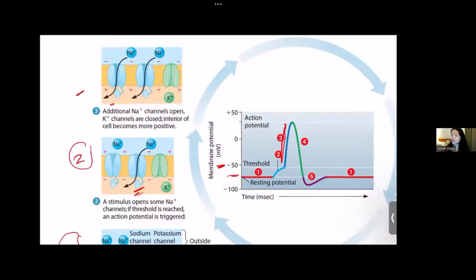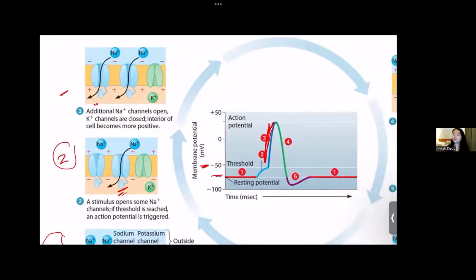All right, ito yun. Itong part yan ng graph. So basically, this is now what we call your depolarization phase, because the interior of the cell is now more positive than the outside. So the polarity reverses quite abruptly. All right, that is your step 3.